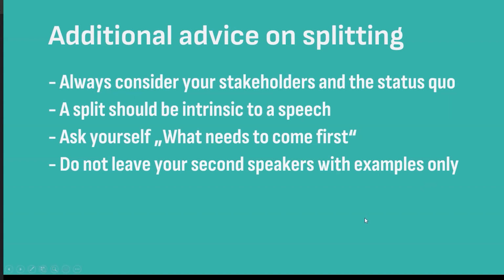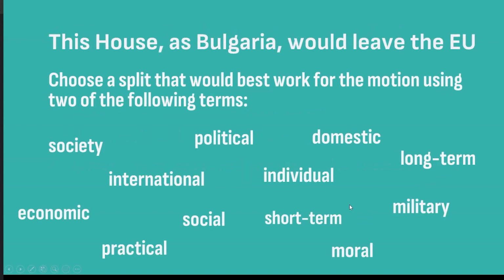Okay, and now we're going to do a small exercise once again. We have the motion: this house believes Bulgaria should leave the EU. First, I'd like you to think about the actors, the stakeholders, and probably also the current status quo.